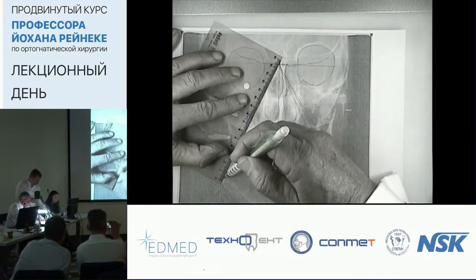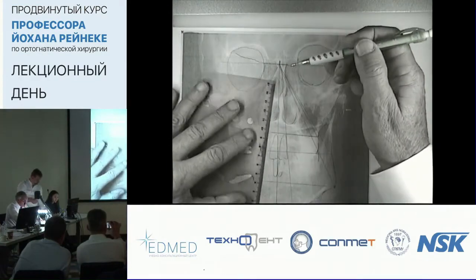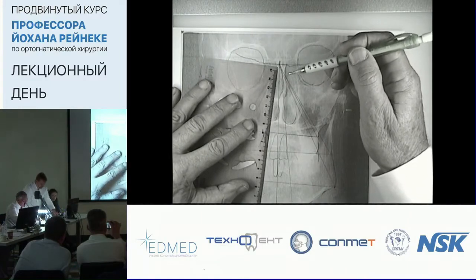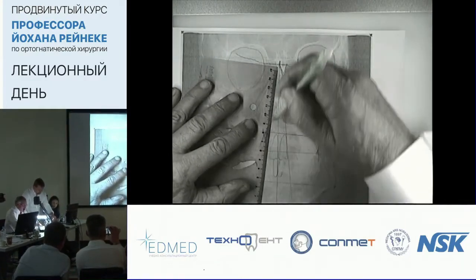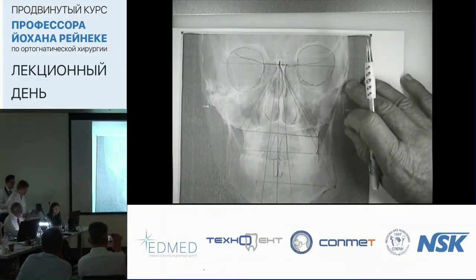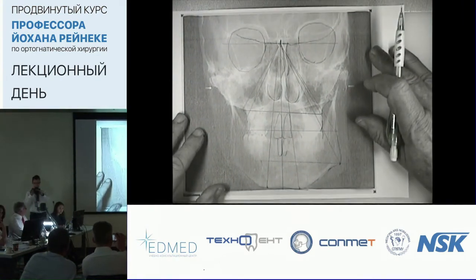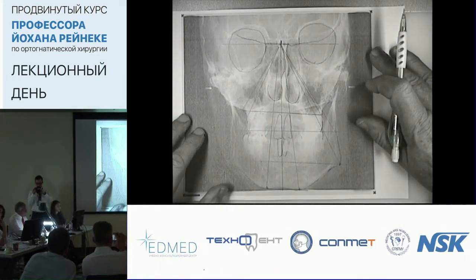And there. And here. So now we can see our triangles there, and we can see that there's a cant.